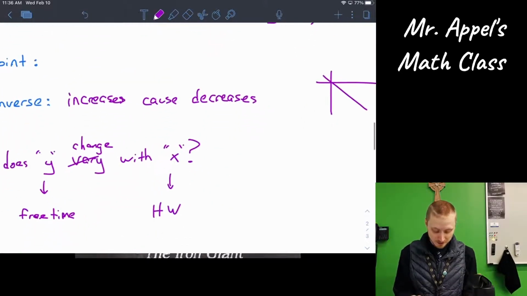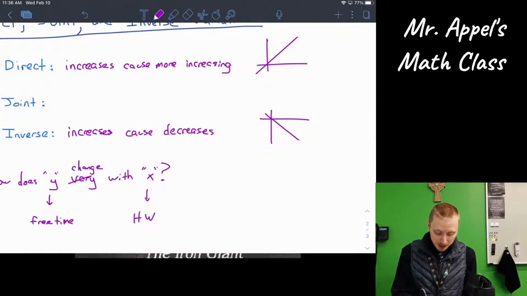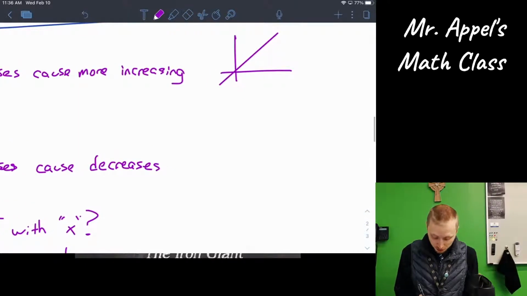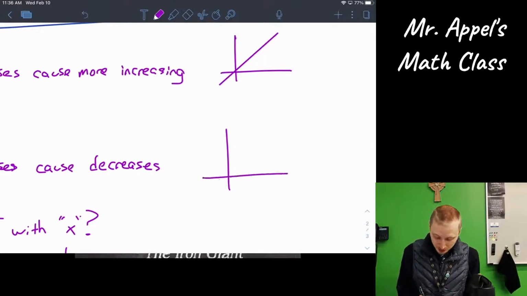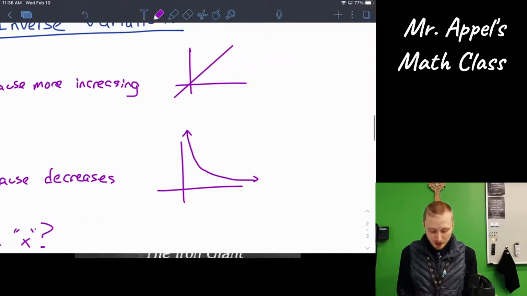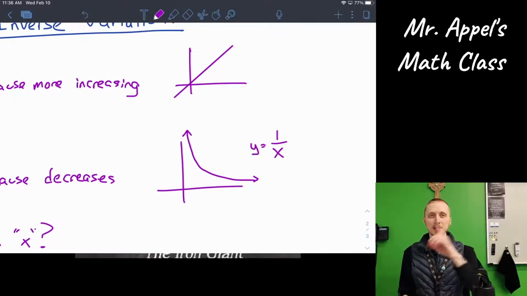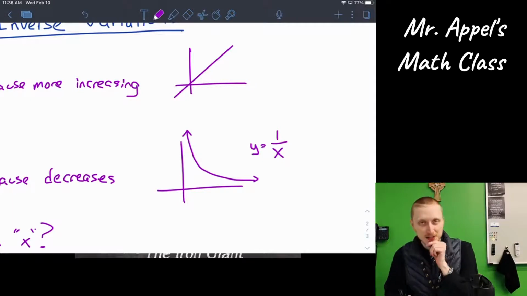So one goes down. In fact, to properly model that, it's not a negative linear thing. What we need is an actual inverse graph, right? It looks like this. That is 1 over x, right? Oh, there's that rational function making its appearance yet again.